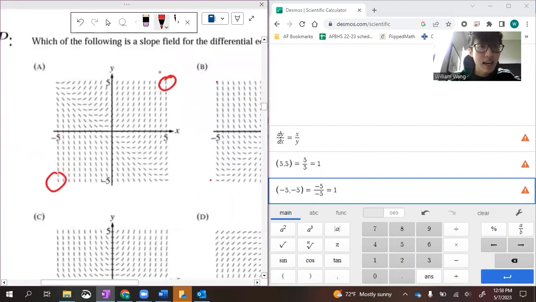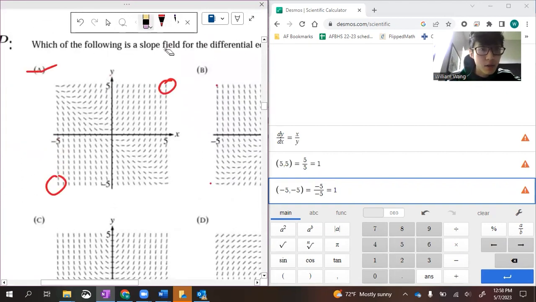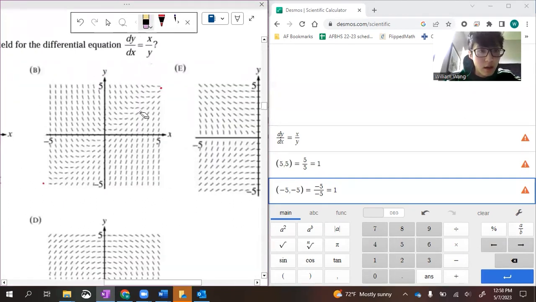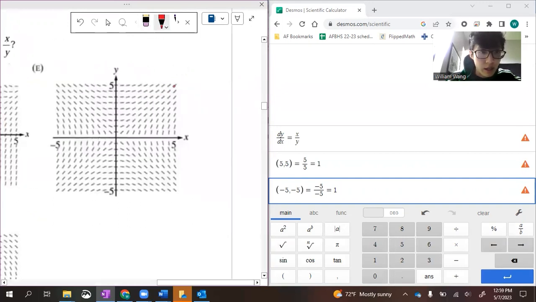Okay, clearly not A. At A, these slopes are way too big. This one's going way up, which is much bigger than 1. This one's going way down, so that's obviously not a slope of 1. It's not going to be B, because this line is flat, so it's a slope of 0. Is it E? Okay, E is possible.